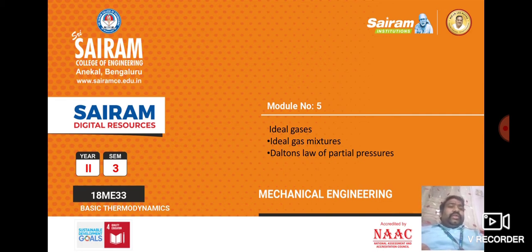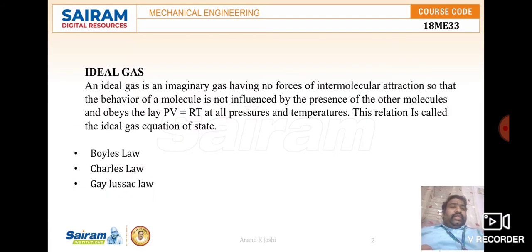You have already studied at the basic level of engineering what is meant by ideal gas. This ideal gas is an imaginary gas having no intermolecular interactions, so that the behavior of a molecule is not influenced by the presence of other molecules.